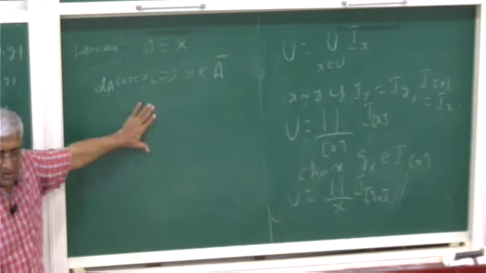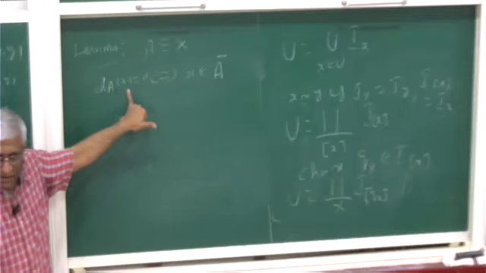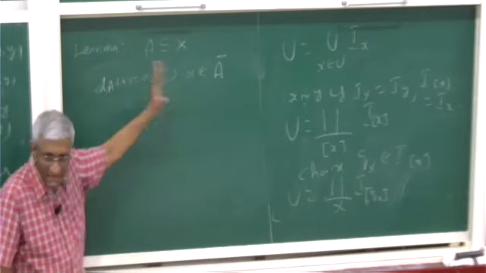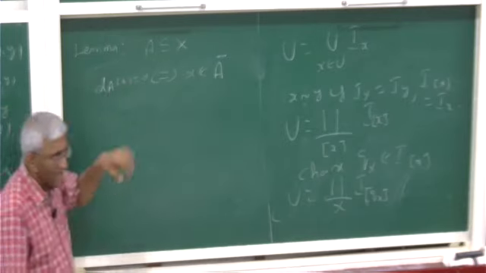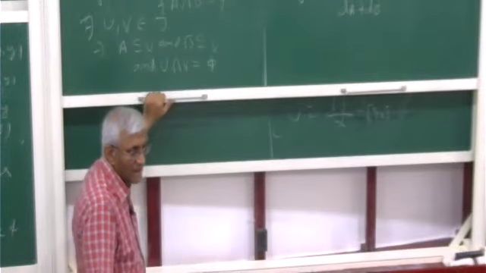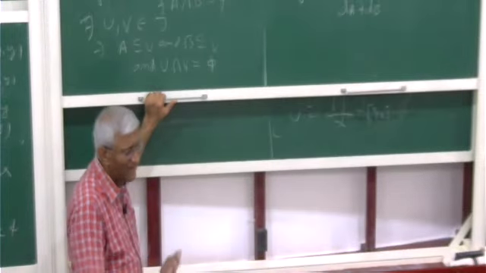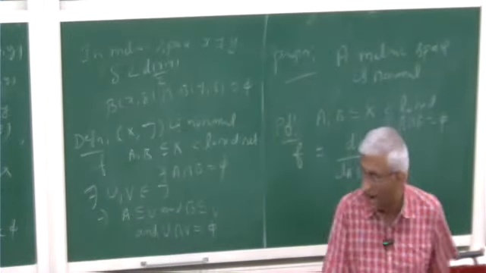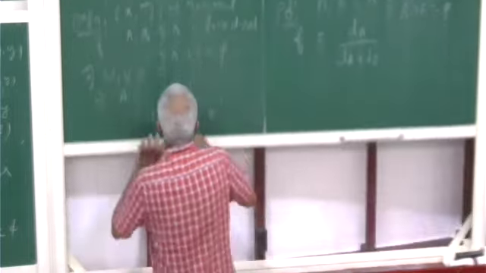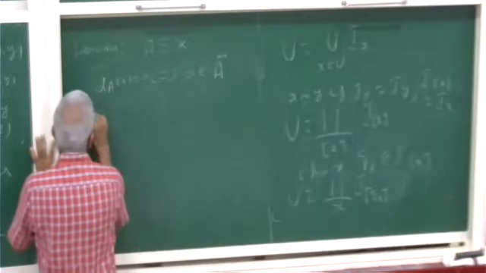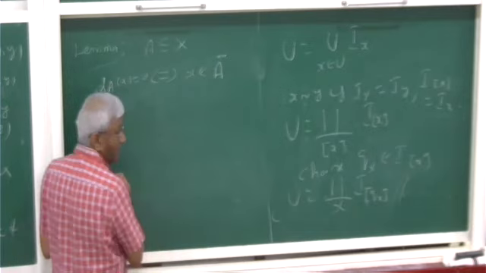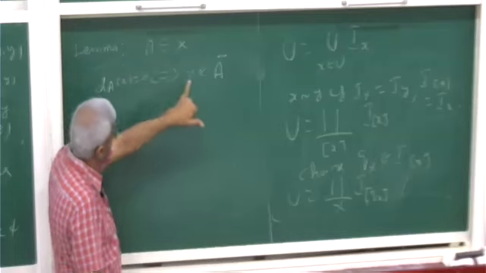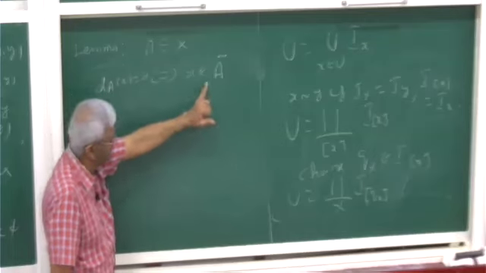If d_A(x) equals 0, then there exists a sequence x_n in A converging to x, so x is in the closure of A. Similarly, if x is in the closure, then d_A(x) is 0. This is for any A: d_A(x) is 0 if and only if x is in A closure.